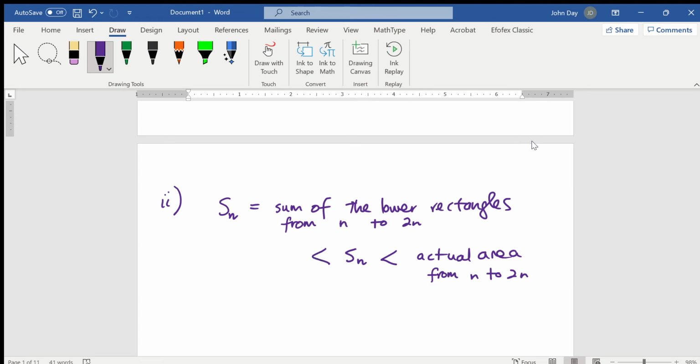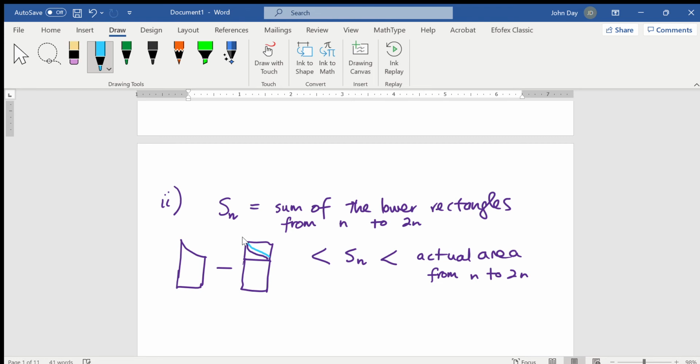And I'm saying that the lower rectangle sum is actually bigger than if you took a particular strip here and minused off, in the box that's above it, more than that.